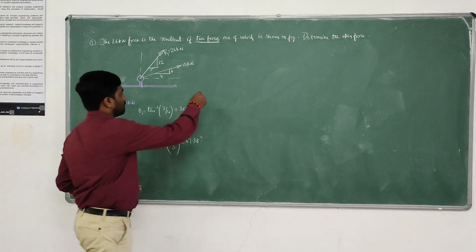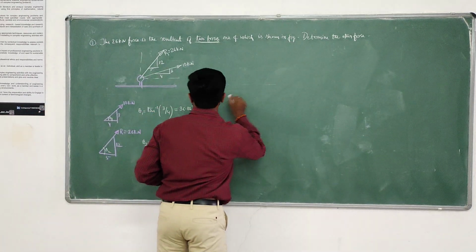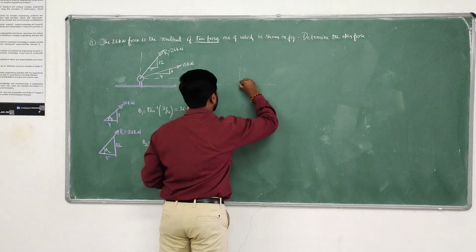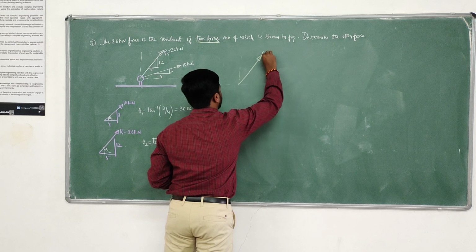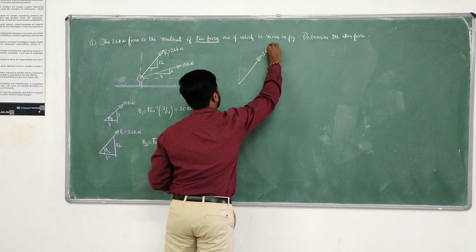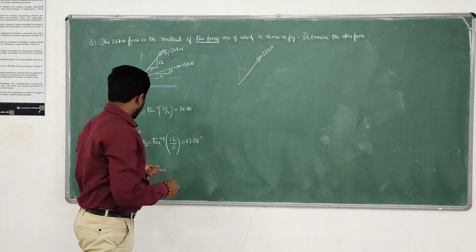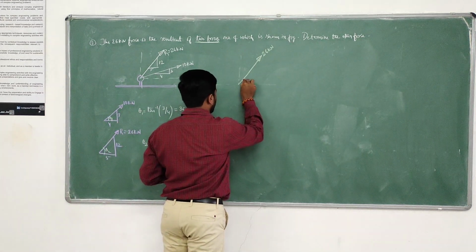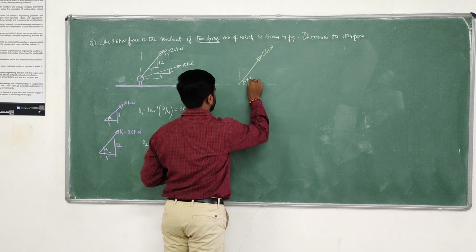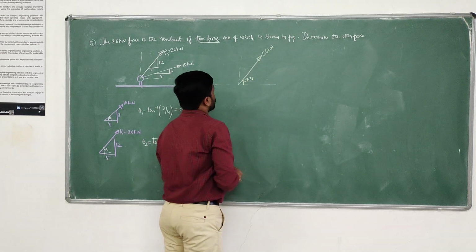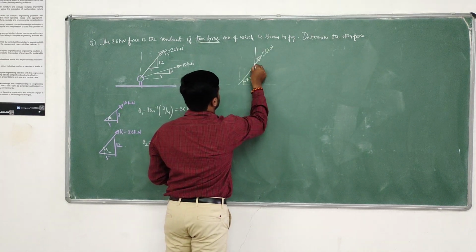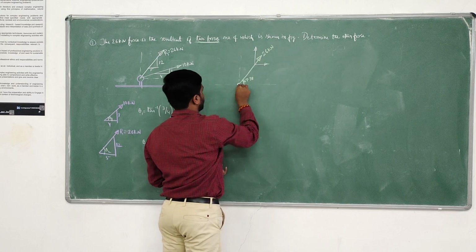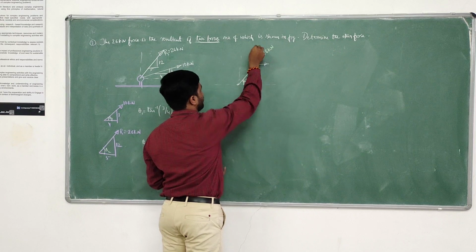So now I will write the free body diagram for the given case. The free body diagram is given by this: the resultant, 26 kilonewton, with the resultant inclination of 67.38 degree. Now you resolve this. As per the resolution concept, the first thing is the direction of force with respect to origin, which is away.